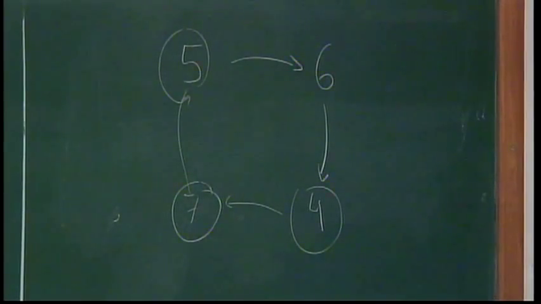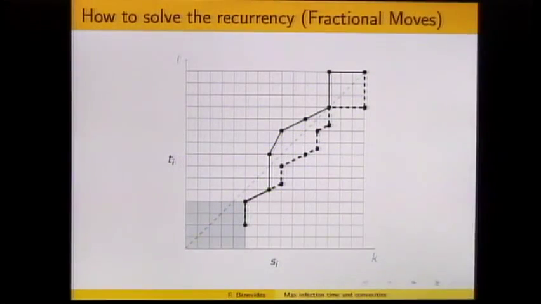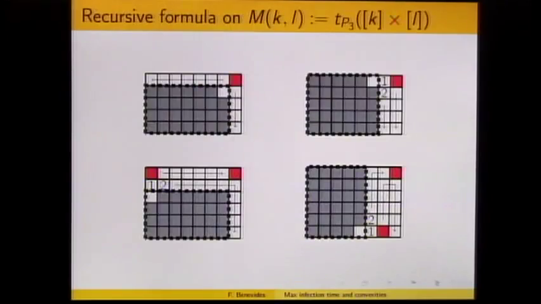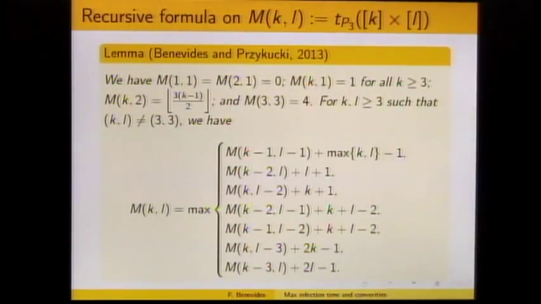Then what we do to solve this problem, first of all, we introduce some kind of fractional moves in which we look at a more general version of this recursion, in which instead of adding just 1 and 1 and getting some number, I could, for example, add a half and a half, or a third and a third.